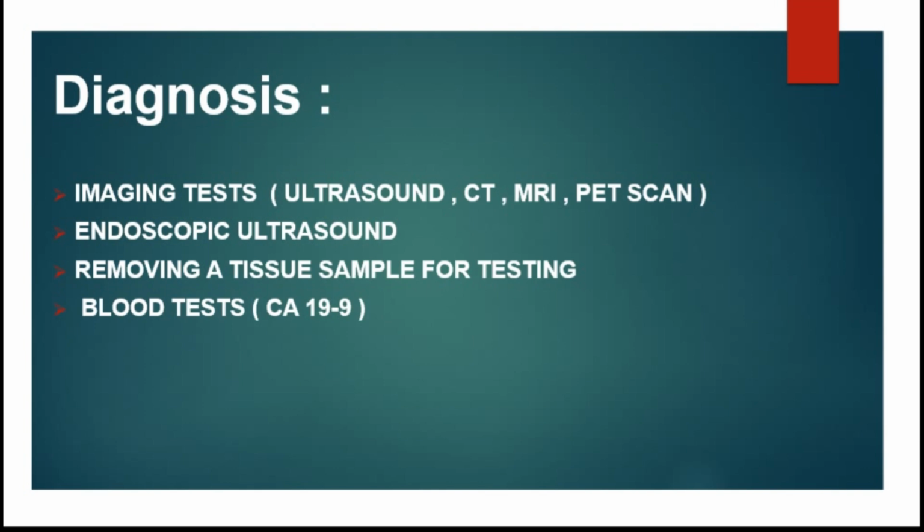Staging is by chest and abdominal CT. Biopsy is for histopathology. And we also have blood tests: CA 19-9 will be high when there is a pancreatic cancer.